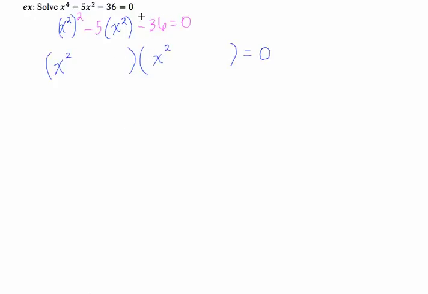And let's see, 36 could break down into 6 and 6, but I don't know how that would add to 5. It also breaks down into 9 and 4, which could give us a negative 5. If we did minus 9 and plus 4, that would work. So then it's factored, it's set equal to 0, so we set each factor equal to 0 and solve.